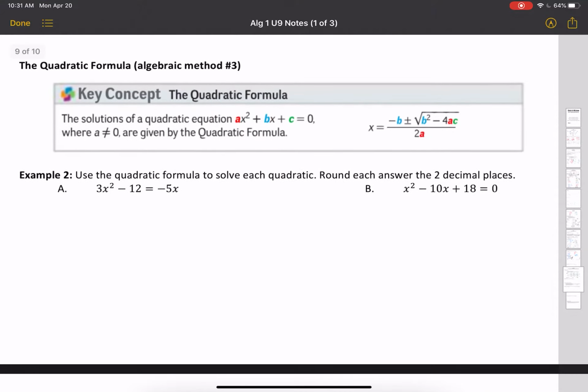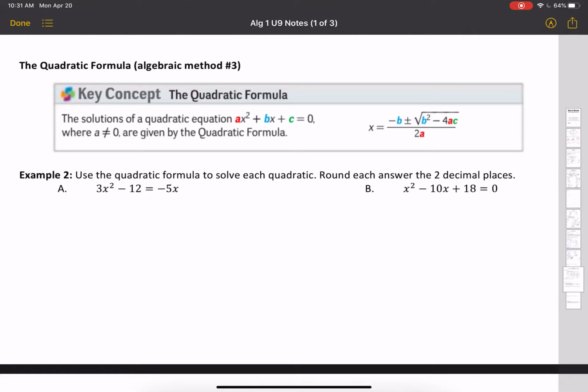We're going to get into what the quadratic formula is. So, quadratic formula, you see that to the right. If you can get your quadratic in standard form, ax squared plus bx plus c equals 0, then you can take the a value, the b value, the c value, plug it into the quadratic formula, and it's going to work. Doesn't matter if your quadratic is factorable.